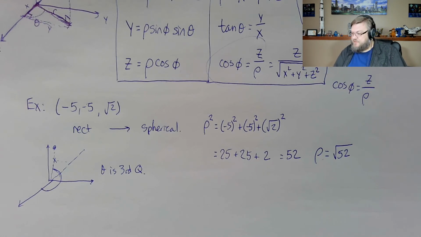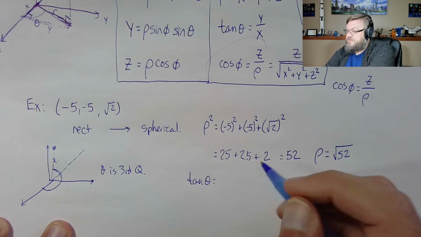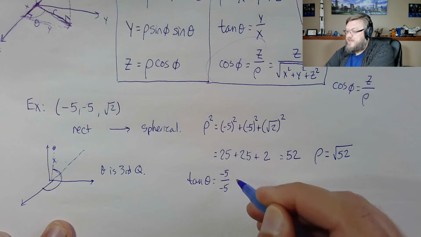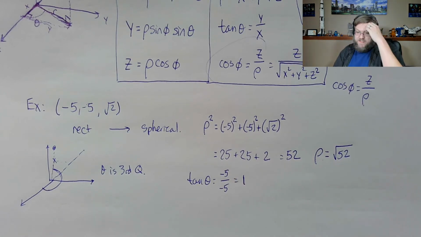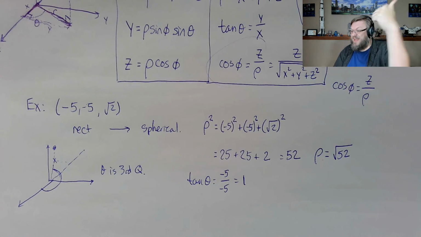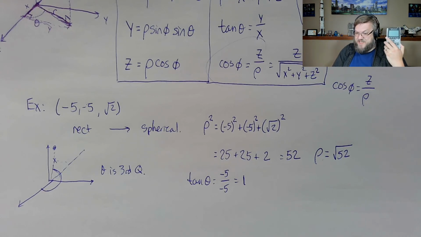Okay, let's do it. Tangent of theta is y divided by x. y is negative 5, x is negative 5. This tells me that tangent of theta is positive 1. Tangent is positive in the first quadrant and the third quadrant. I need the third quadrant angle. So when I go to my calculator to find the inverse tangent of 1, which you should probably know, is pi over 4, 45 degrees.